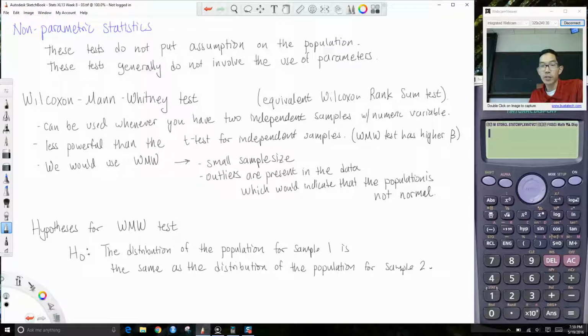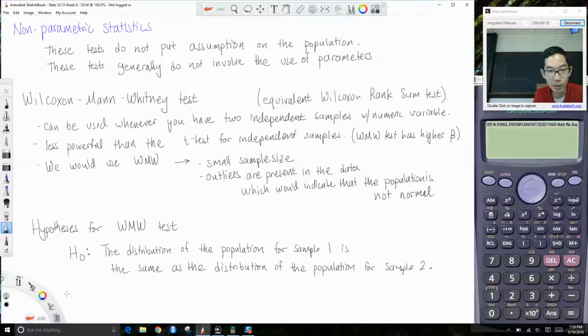Again, here we've taken two samples, each from their own populations, and we're trying to make conclusions about the populations despite only observing two samples. So the null hypothesis is basically the two parent populations have the same distribution. That's basically it.